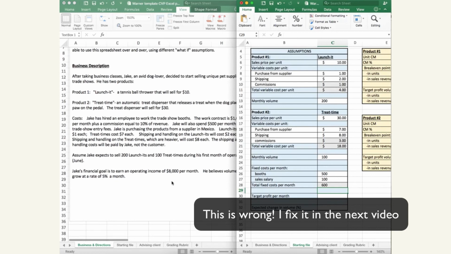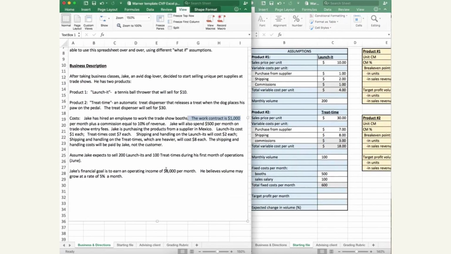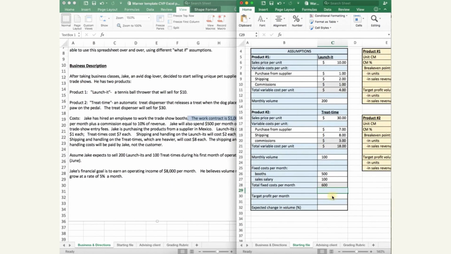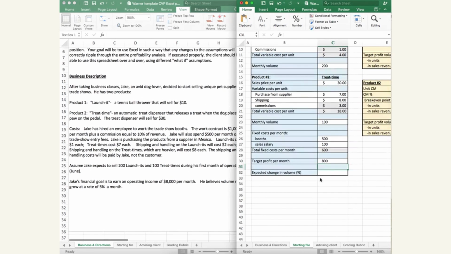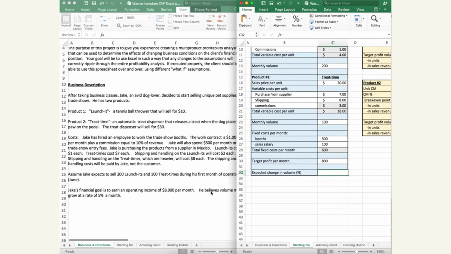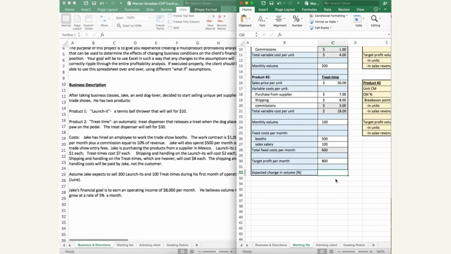We also are told that we want to earn $8,000 a month in operating income. And then also we expect that over the year, we're going to grow this business at 5%. Okay, let's put these as dollar signs. And that, my friends, is how you enter your assumptions.